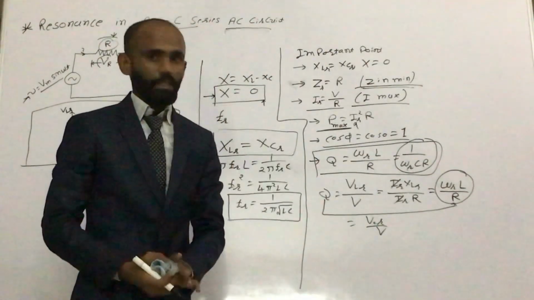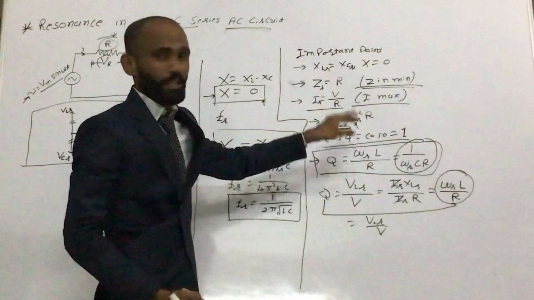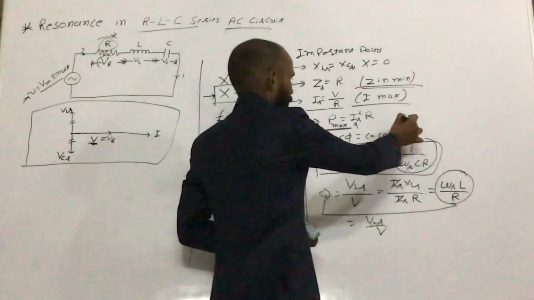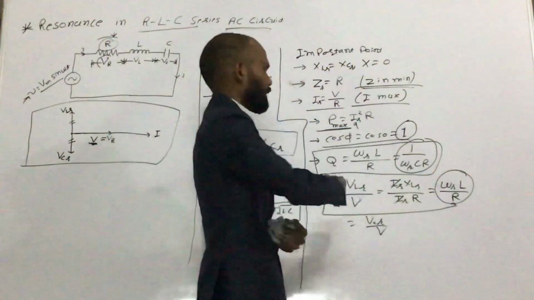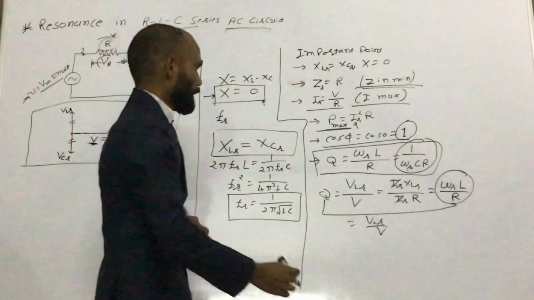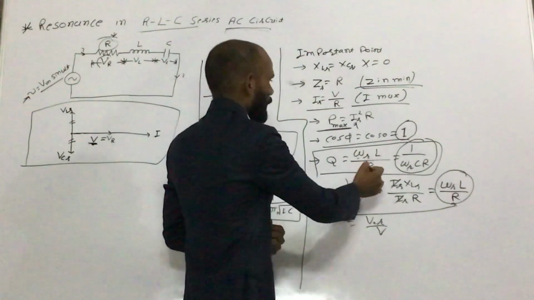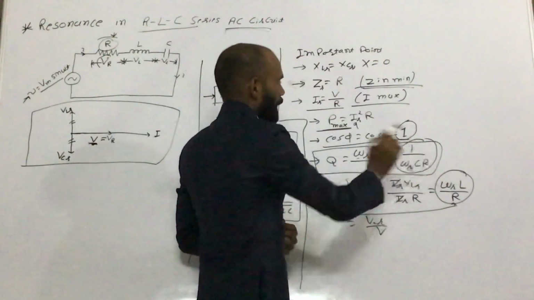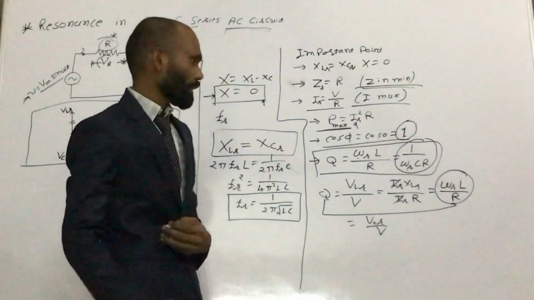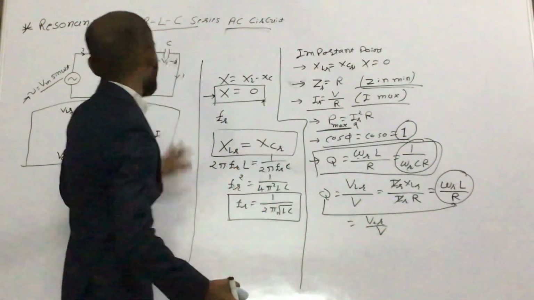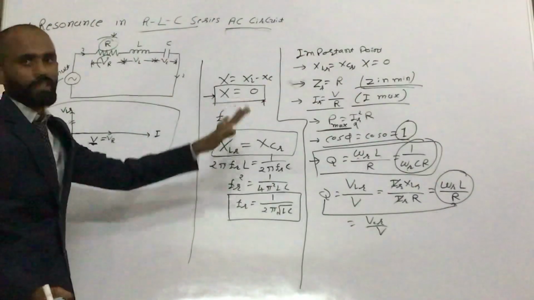The power factor in an RLC series circuit under resonance condition is 1, that means the circuit has unity power factor, and the quality factor is given by omega L divided by R, or 1 divided by omega CR. Okay, so this is about resonance in an RLC series circuit.